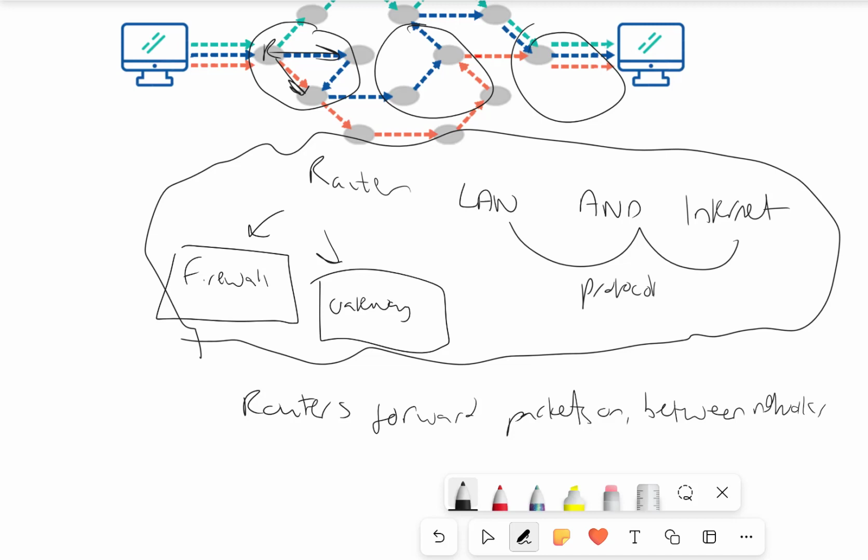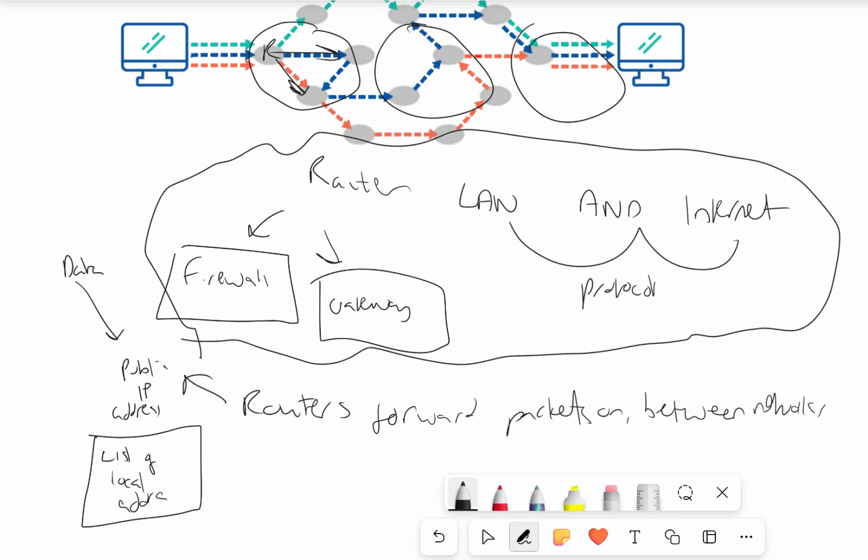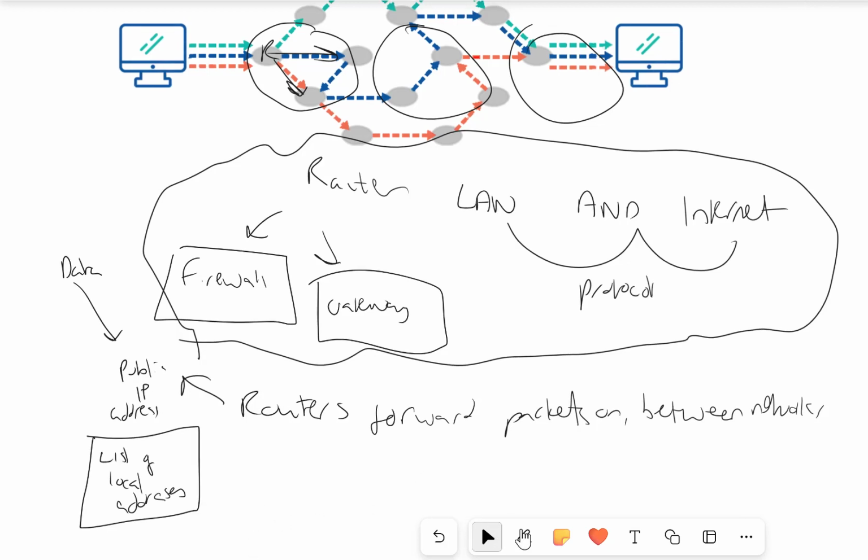Every router has a public IP address, so that data could be sent to it. And the router itself holds basically a list of local addresses. These local addresses are basically the private IP addresses of devices on a network.